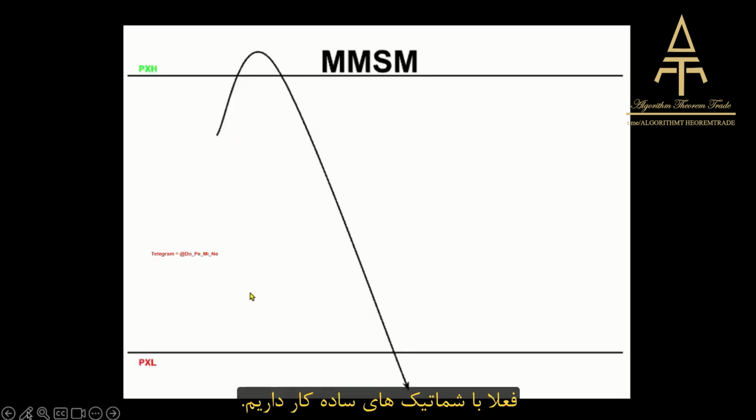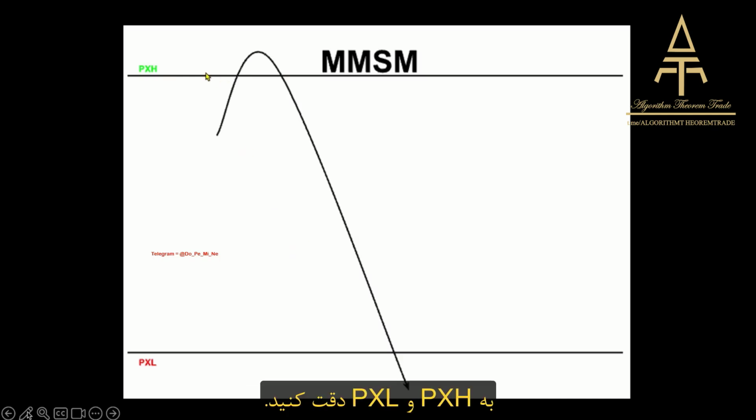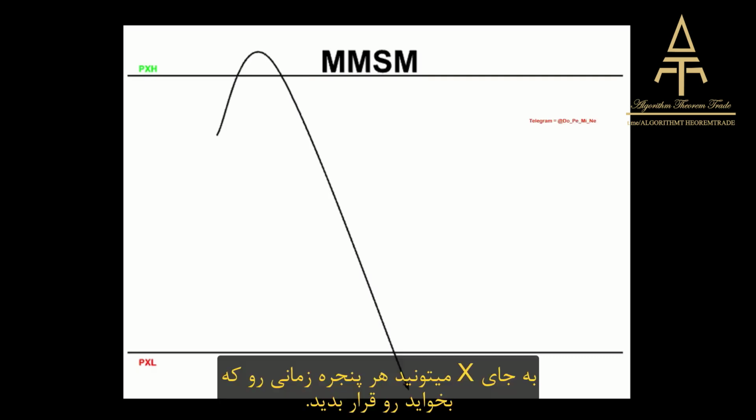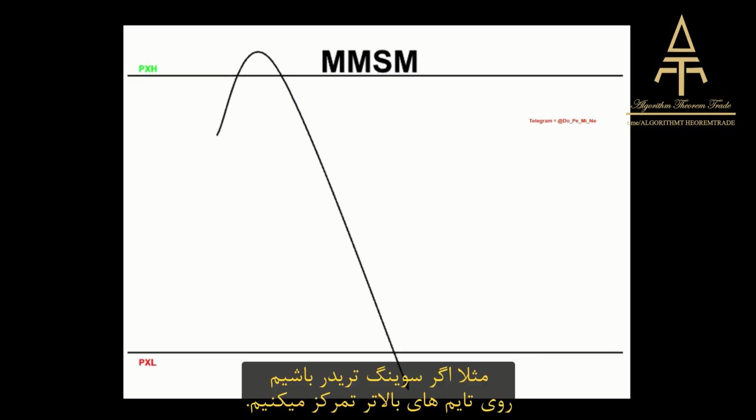We're going to take a look at rather simple schematics. We're going to focus on PXH and PXL, X being a variable that can be replaced by whatever time window we're interested in. So if we're swing traders, we're going to focus on higher time frame windows, of course.